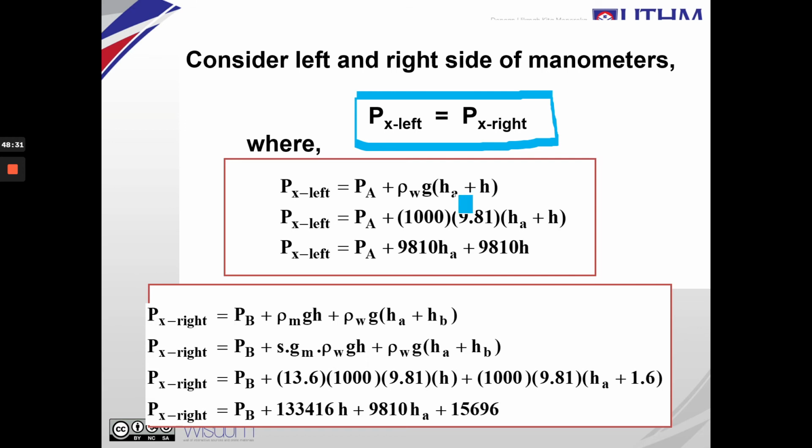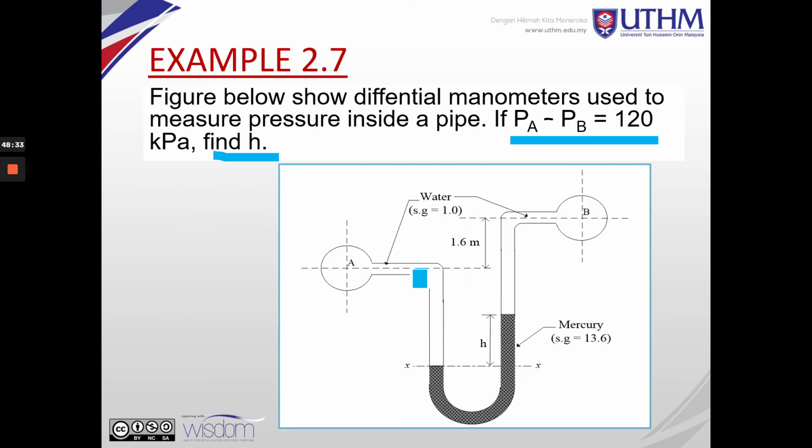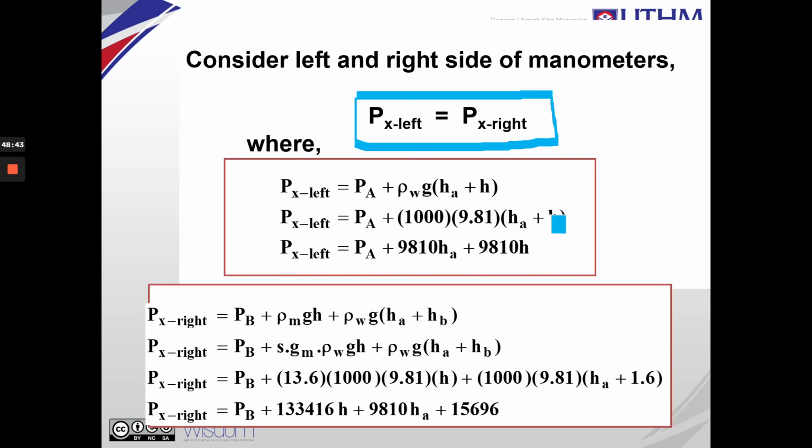We don't know the height of this one. So PX left is PA, the pressure at A, plus the density of water times 9.81 times (HA plus H).